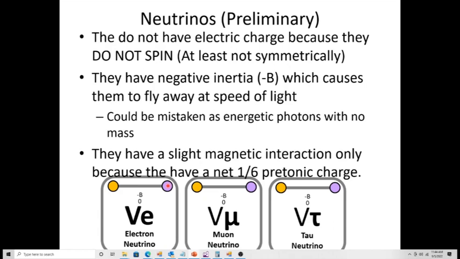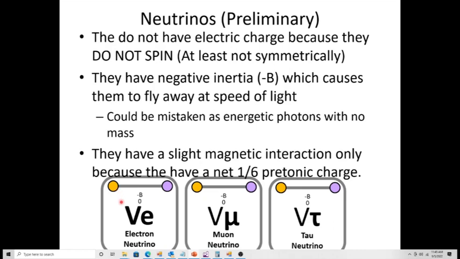Okay, but the interesting thing about these is they do have a very slight 1/6 Preton charge, and these come in another flavor that has a minus 1/6 Preton charge. We'll show you those in a moment. But the interesting thing about these is that because they have a negative inertia property, not positive inertia, negative inertia, these systems will fly away at the speed of light. The speed of light is the speed they saturate at.